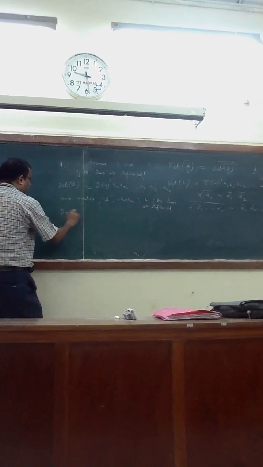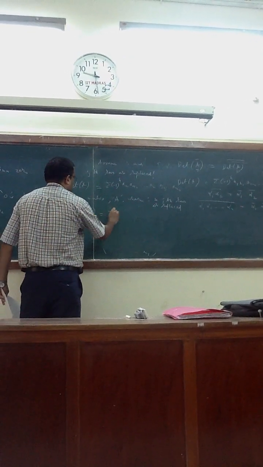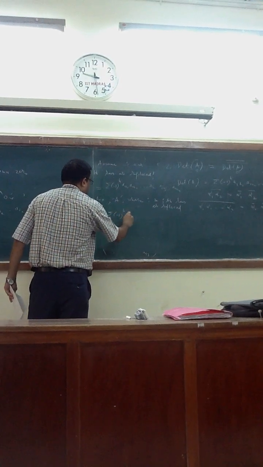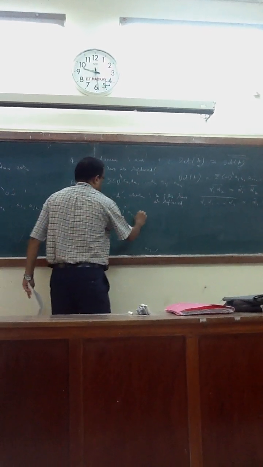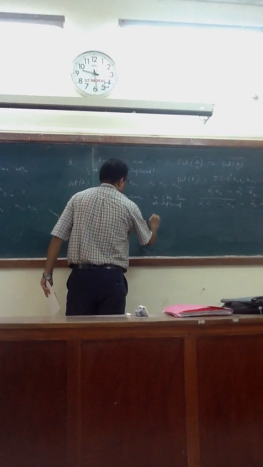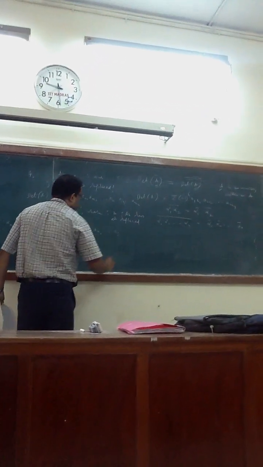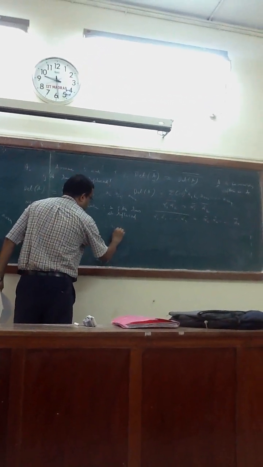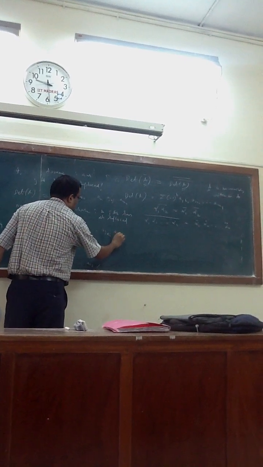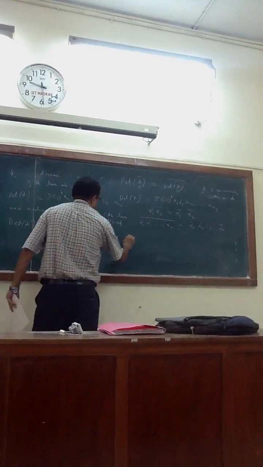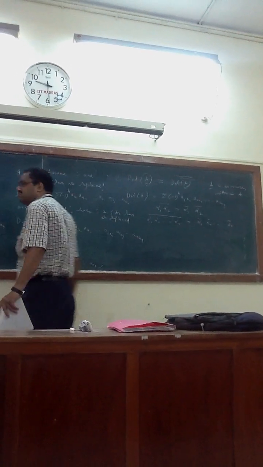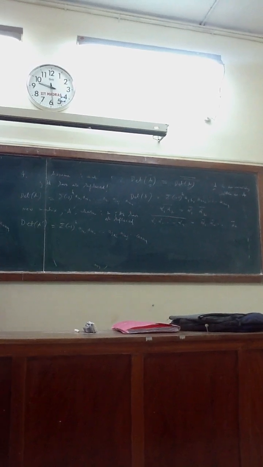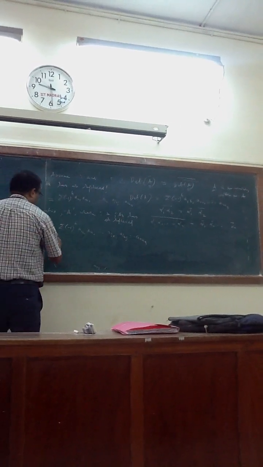Determinant of A prime is minus 1 to the power h, A1K1, A2K2, and here we will get AjKi, AiKj, AnKn. Right? Next step.